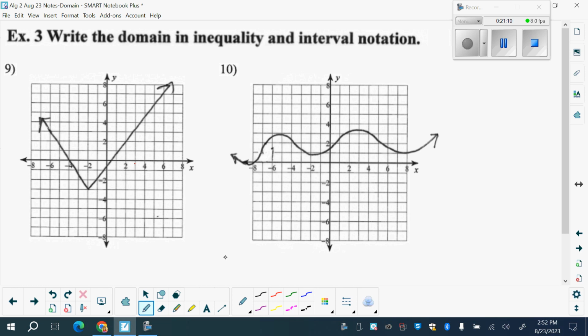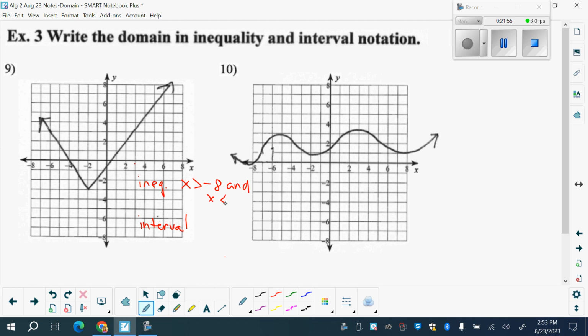Okay, here on this one, we're going to do both inequality and interval notation. Inequality notation first. What's happening on the left here? It's going on to infinity. Good, negative infinity. So an inequality would be x is greater than negative infinity and x is less than, what's happening over here?